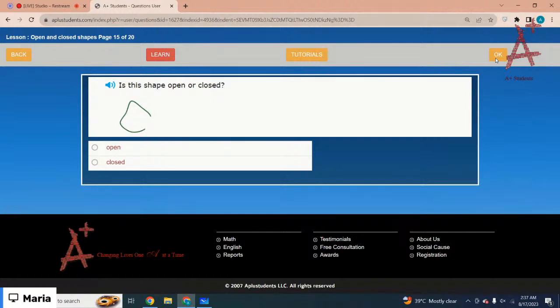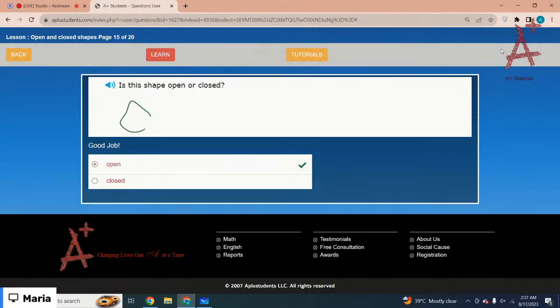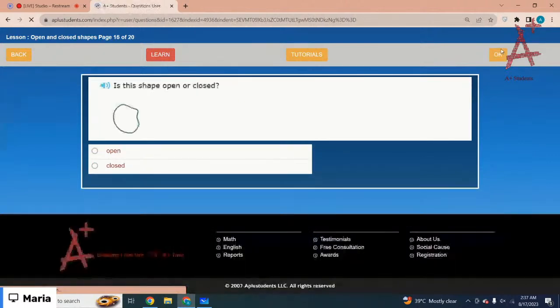Is this shape open or closed? The shape is open. Is this shape open or closed?